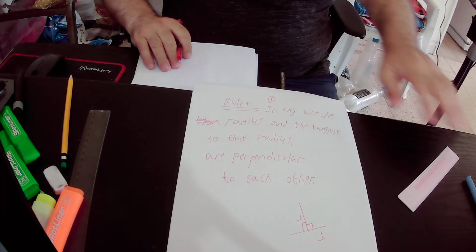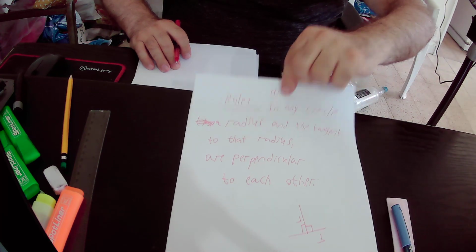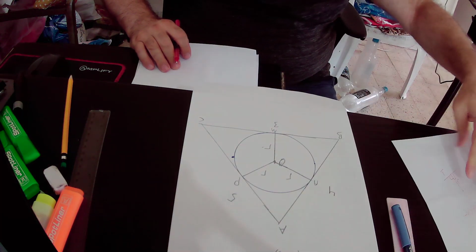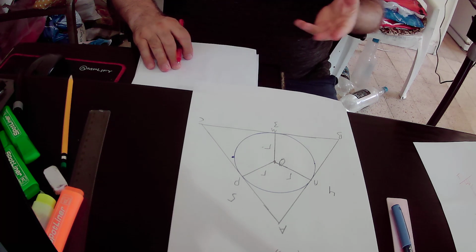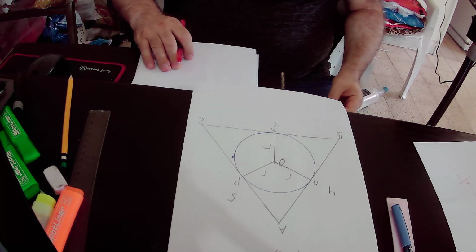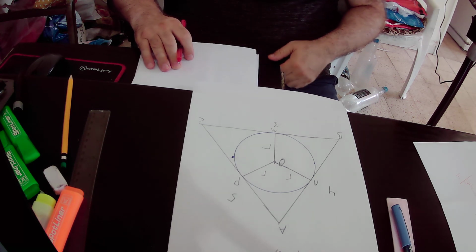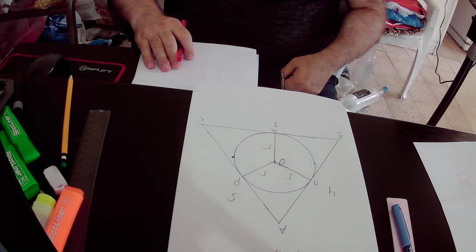Okay, so we can apply rule number 1 in our circle, because we have here 3 radiuses and we have 3 tangents to those 3 radiuses. For that reason, they are perpendicular to the tangent.